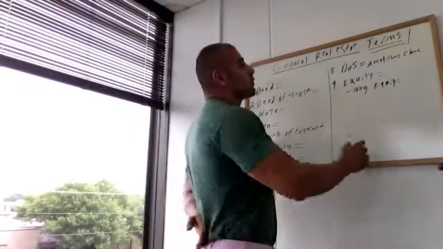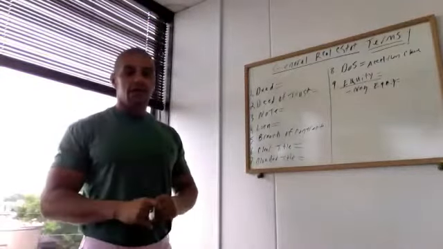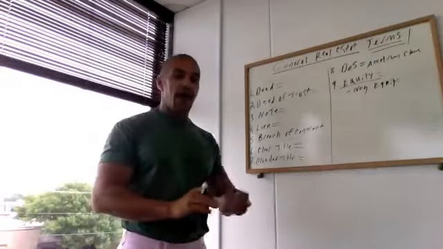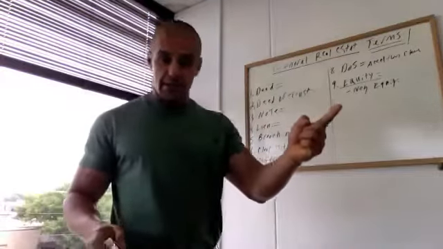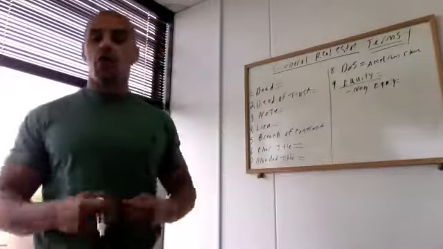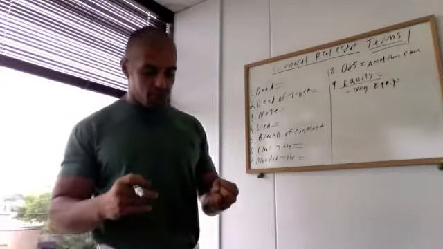Now, let's talk about equity. What is equity? Equity is the amount remaining after you pay, one, all the liens, and two, the cost of selling the house. What is the cost of selling the house? Let me just throw a couple out there, okay?